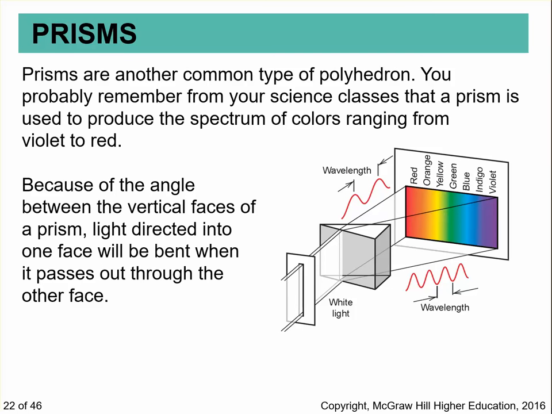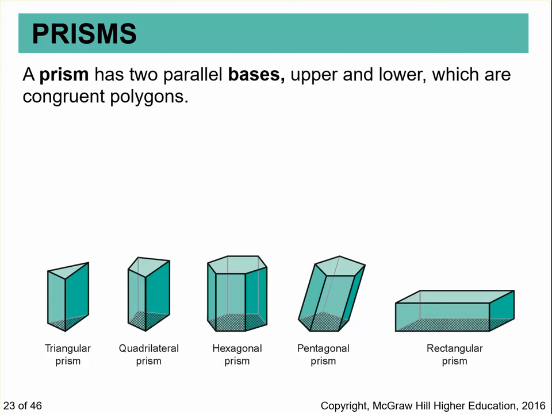So the other thing you have is prisms, right? They're another very common type of polyhedron. You name prisms based on their bases, and they have 2 parallel bases. So you can see that you have a triangular prism, quadrilateral prism, hexagonal prism, pentagonal prism, rectangular prism, right?